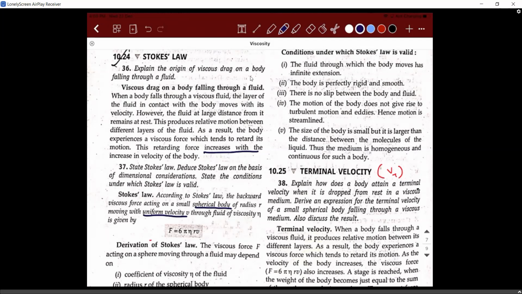F is equal to 6 pi into neta into r into v, where neta stands for coefficient of viscosity, r is the radius of the spherical ball, and v is the uniform velocity that is attained by the ball after it travels a certain distance. Right? I hope everyone is clear with this, right? Yes, sir.